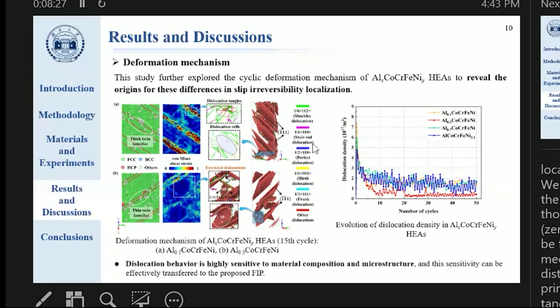We can say the dislocation motion is characterized by dislocation tangles and existing dislocations, respectively. This confirms that the dislocation behavior is highly sensitive to composition and microstructures, and we can see this sensitivity can be transformed effectively into our proposed FIP.